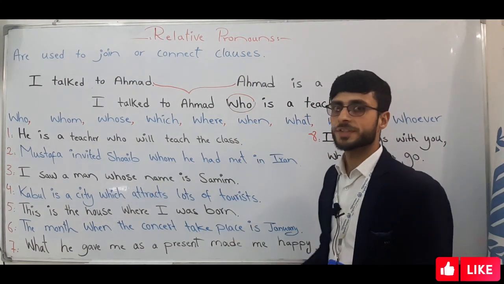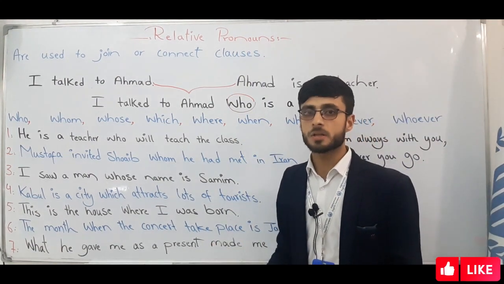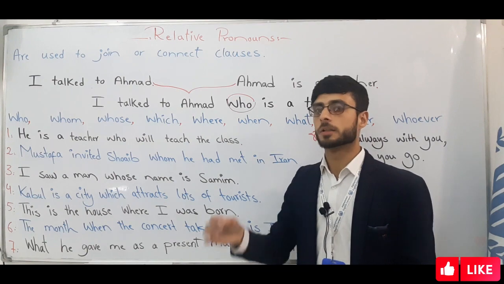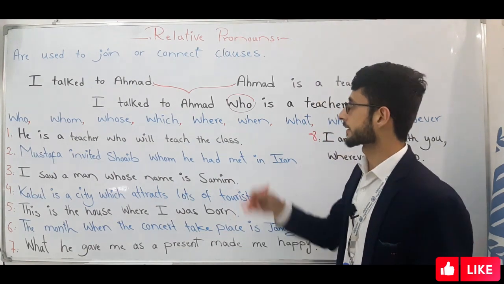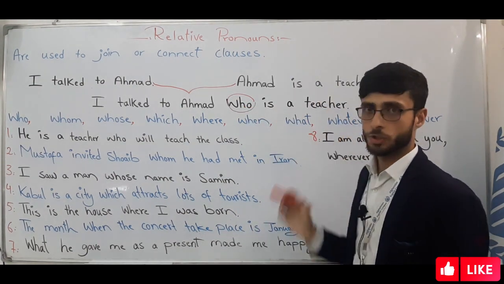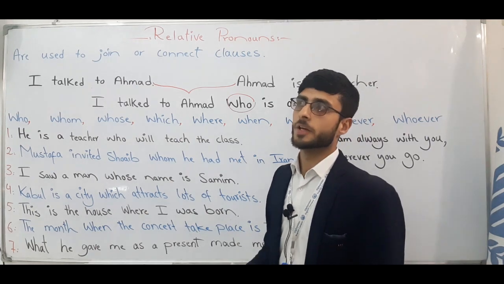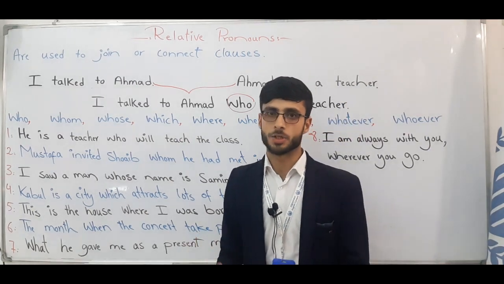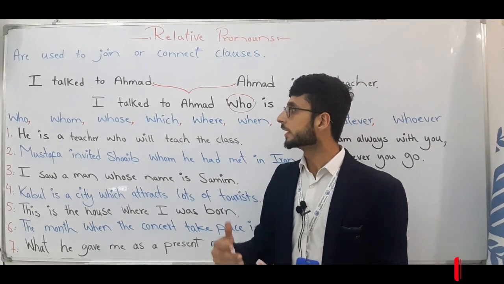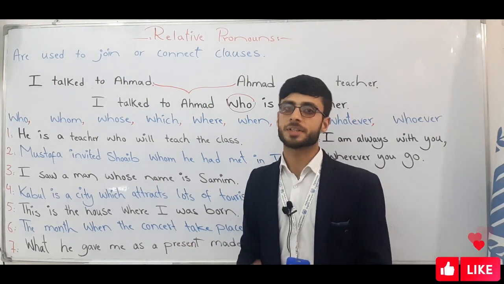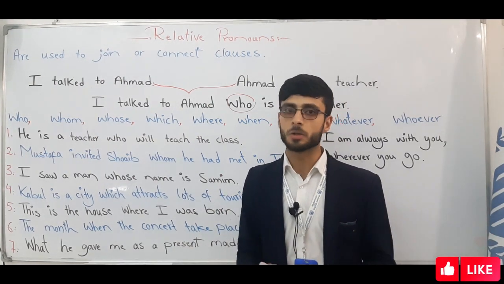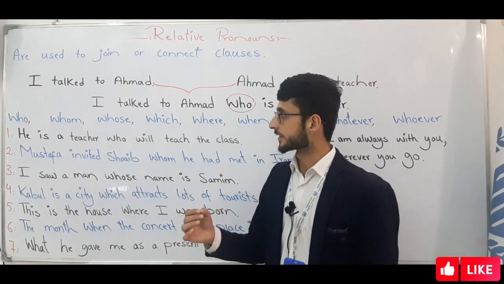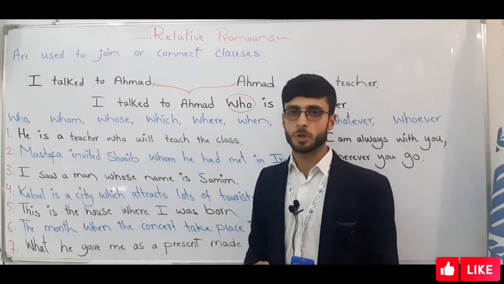And when we use a relative pronoun in a clause, this clause is called an adjective clause, like this sentence, who is a teacher. There are some relative pronouns in English. Some of them are called simple relative pronouns and some are called compound relative pronouns. First, what are simple relative pronouns?